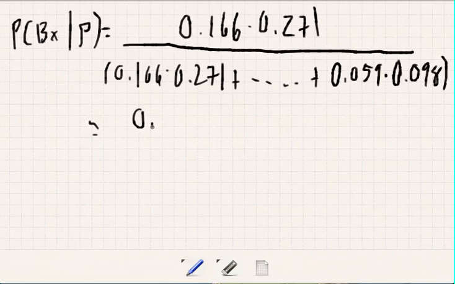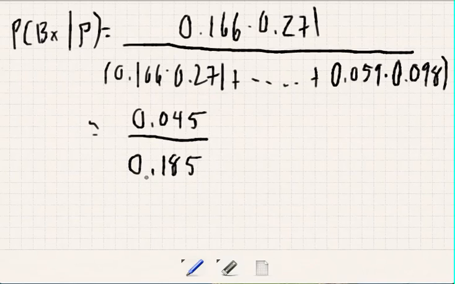Now this gives us 0.045, which says that 4.5% of the city's population live in the Bronx and live in poverty, divided by 0.185, which says that 18.5% of the city's population lives in poverty. And when you take this quotient, you get 24.3.